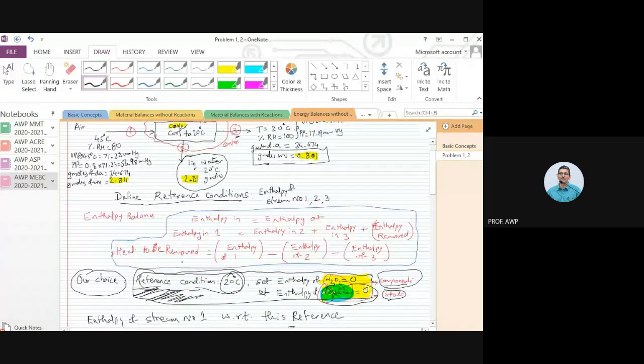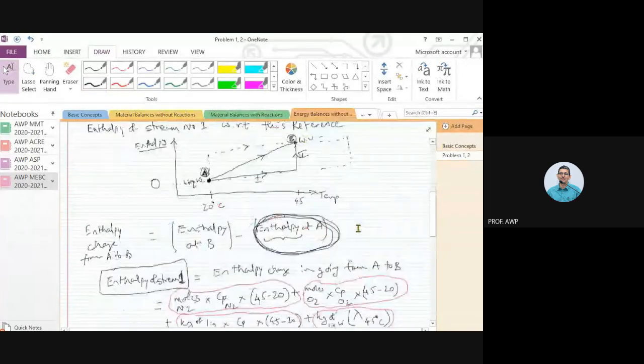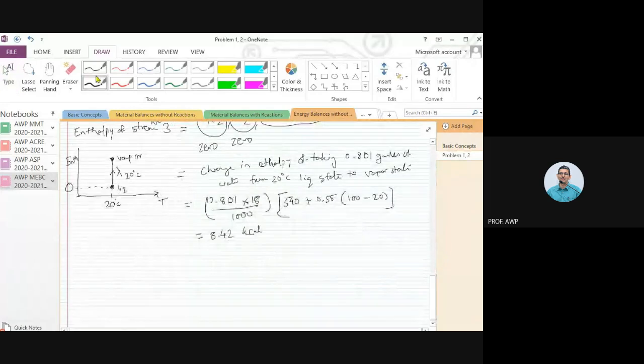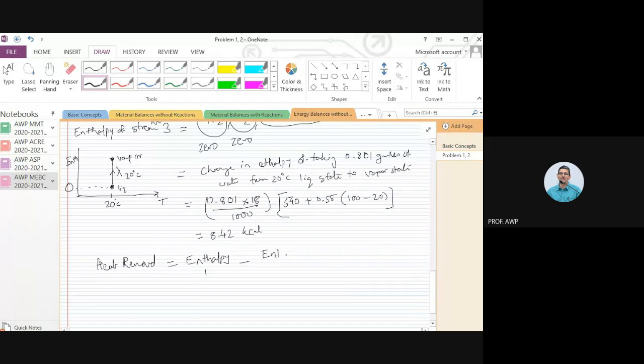What was our energy balance? Heat to be removed, enthalpy coming in from stream number 1 would be equal to enthalpy going out. Enthalpy is going out in stream number 2, stream number 3, and whatever enthalpy I have removed from that air. So heat removed would be enthalpy coming in from stream number 1 minus enthalpy going out from stream number 2 minus enthalpy going out from stream number 3.